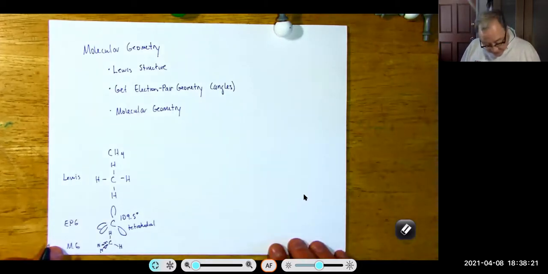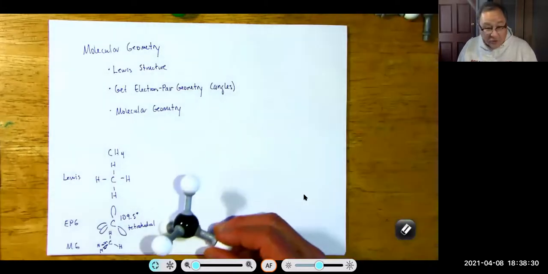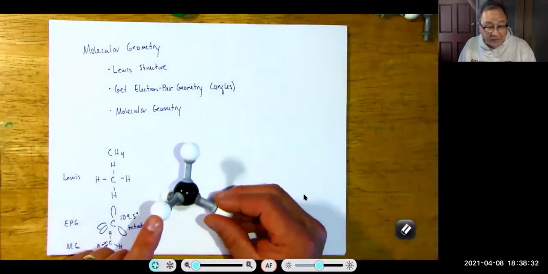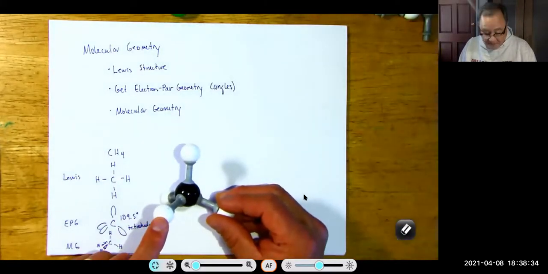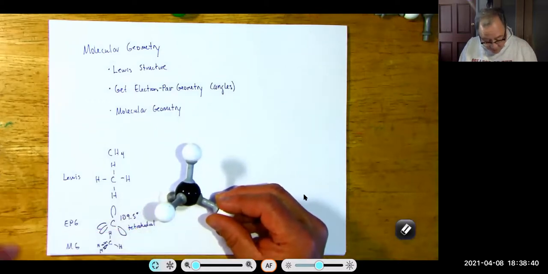So you see this teardrop that is coming towards us, you put in a wedge. And this teardrop that's going away from us, here's the teardrop coming towards us, right here that I'm pointing at. And here's the one going away from us. For the one going away from us, we put dashed lines.